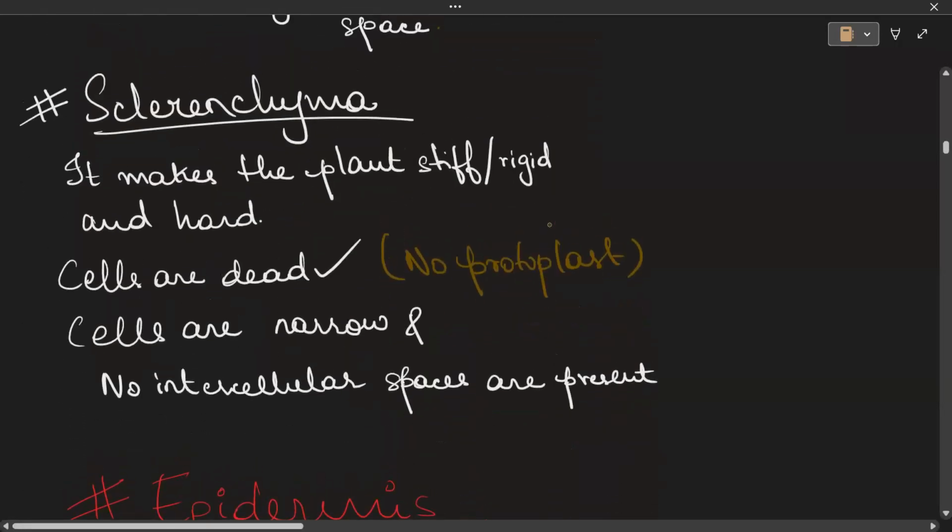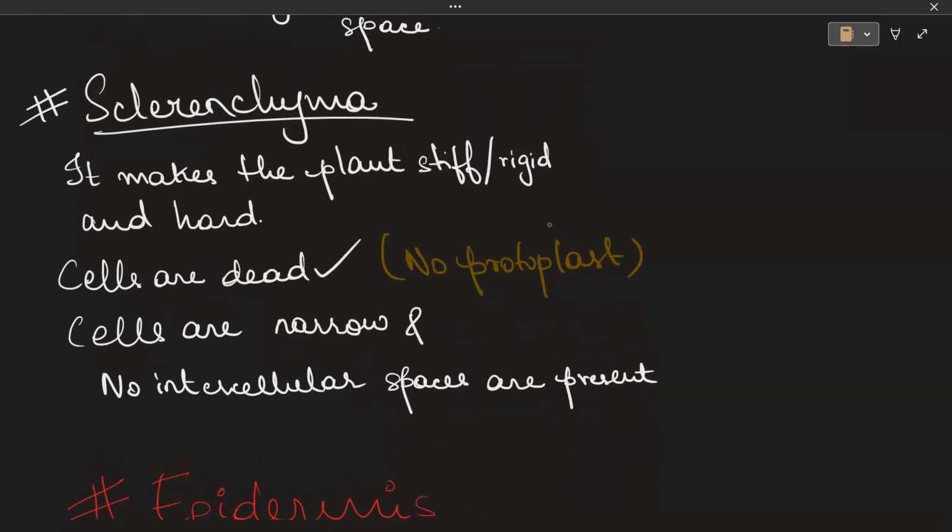Now let us talk about the sclerenchyma. So see, sclerenchyma is another example of a simple permanent tissue. We saw that the parenchyma was living tissue, and the collenchyma was living too. But the sclerenchyma is actually dead.